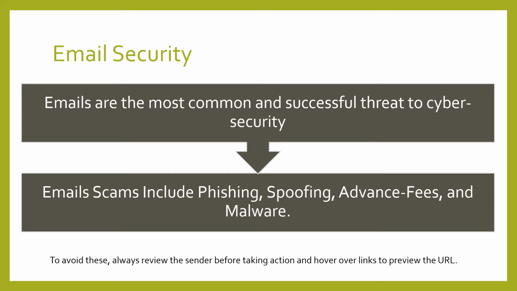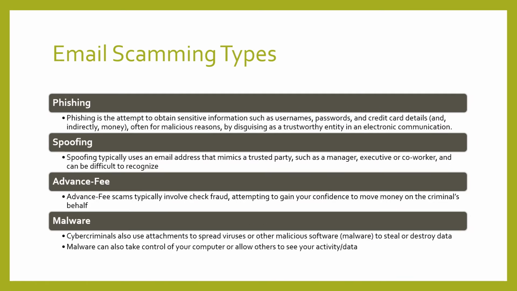All right, now let's go and define these different types of scams. We're going to start with phishing. Now, phishing, although spelled with a PH, is very similar to regular fishing. It's when another party is looking to obtain information from you, specifically when it comes to your login information or your financial information.